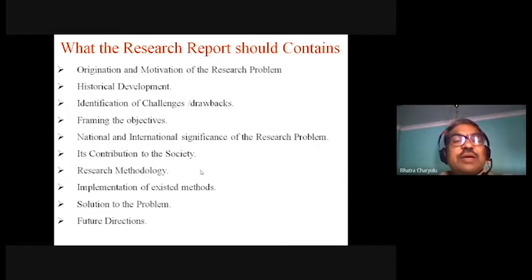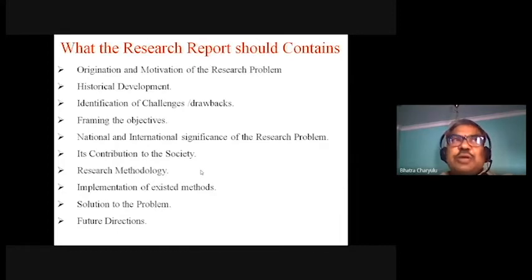Is it worthy or not? That is what the national and international significance indicates, and what its contribution to the society is, of attempting that problem. And the research methodology: what approach or method you are going to implement for resolving that particular problem.